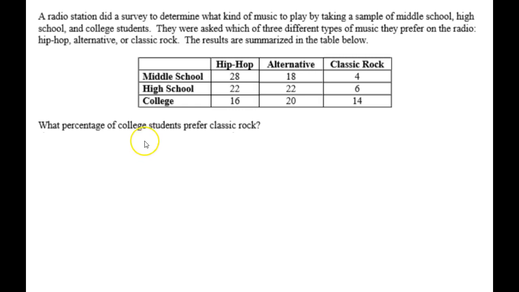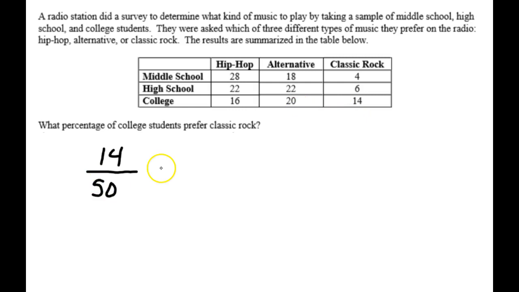So in this question, the only thing we have to worry about are the college students. The middle school and high school students do not matter in this particular problem. So first, to determine what percentage of college students prefer classic rock, we have to take the number of college students that prefer classic rock, which is 14, divided by the total number of college students, which we can determine by adding up the hip-hop, alternative, and classic rock. 16 plus 14 is 30. 30 plus 20 gets us to 50.